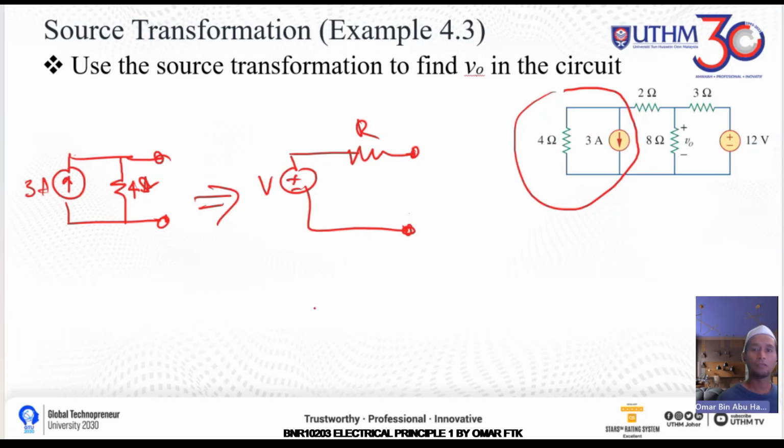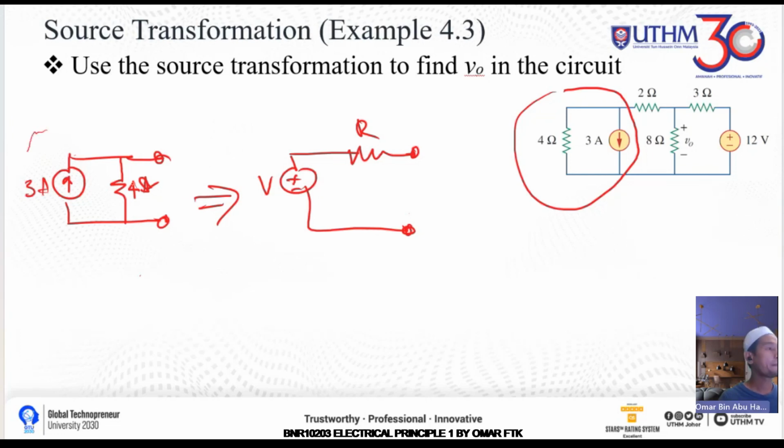So how can we determine this? Okay, let's do it. First we need to determine the value of the resistor and the voltage.